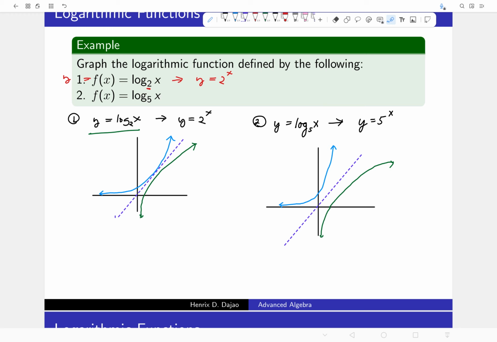We can confirm this one using our graphing calculator. First, we will confirm the appearance of this. Okay, and then we will also graph this one, so that we can see precisely the relationship of these two functions defined by this one.